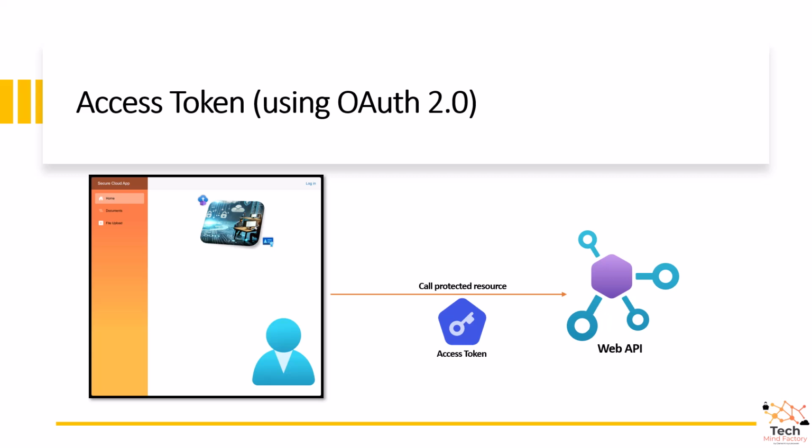Once the user is authenticated, the application will not only obtain an ID token to confirm who the user is, but also an access token that can be used to access protected resources like an API. And obviously a refresh token to refresh those tokens without the need for the user to re-authenticate again.